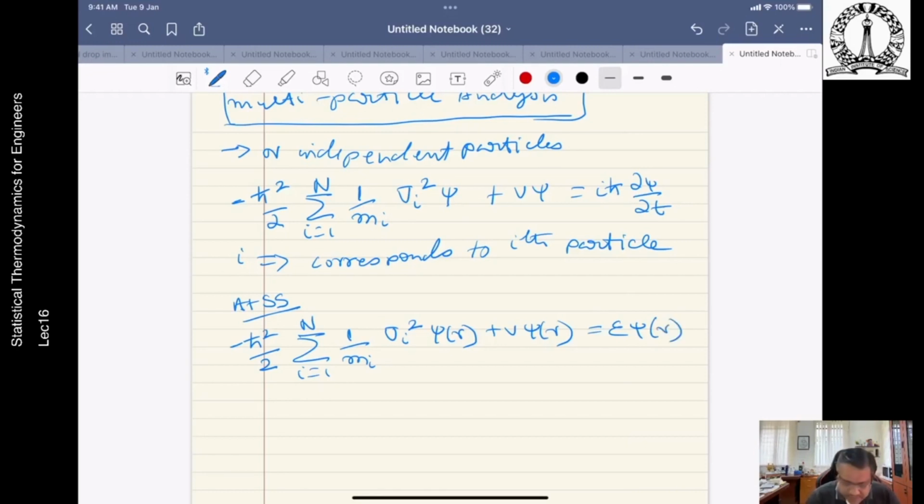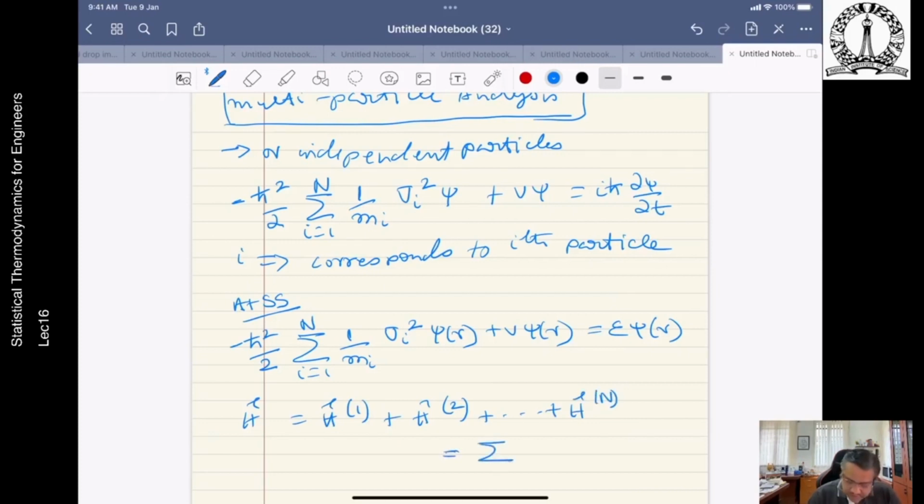That is the steady state using the steady state Schrodinger's wave equation. So this is the total expression that you can write, that H hat is H hat for particle 1 plus H hat for particle 2, up to H hat for n.